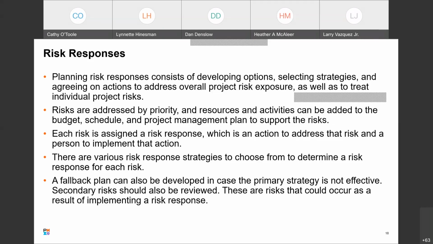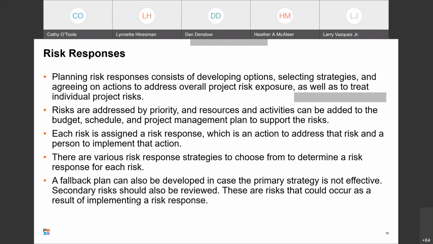The risks are addressed by priority, and resources and activities can be added to the budget, schedule, and project management plan to support the risks. Each risk is assigned a risk response, which is an action to address that risk, and a person that will implement that action. And again, just remember that doing nothing is an action, okay? That is a valid risk response. Not always the preferred one, but sometimes you don't have a choice.